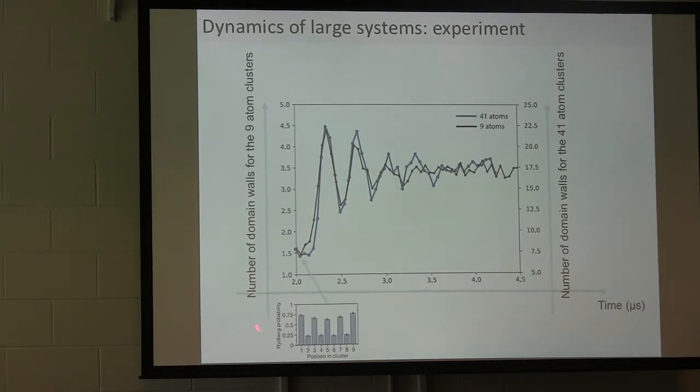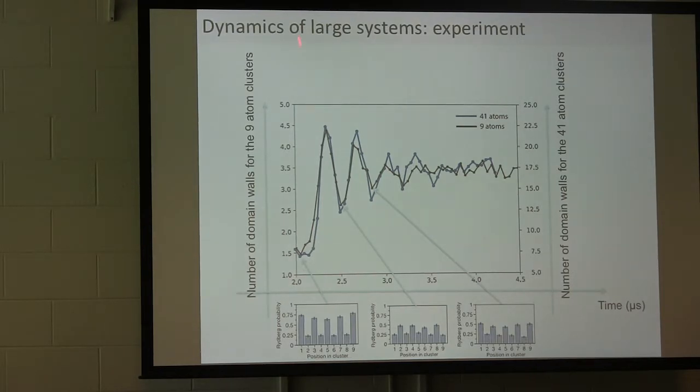Here we start again from this nice perfectly ordered state where the density of domain walls is low. Then it goes up into this disordered state and back down to a crystal state, which is the complementary one, then up again and down to the initial state. For 9 atoms, it's well consistent with our data and simulations.